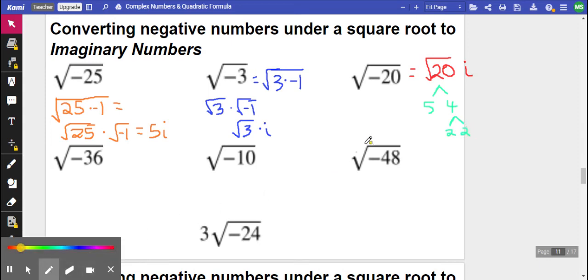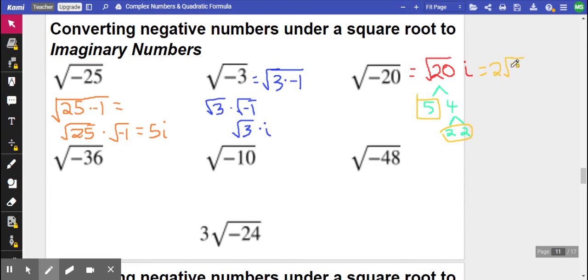And we could then circle, well, we got a pair of 2's, but only one 5. That means that our full simplified answer here ends up as 2 root 5 times i, being equal to what we started with, the square root of -20.